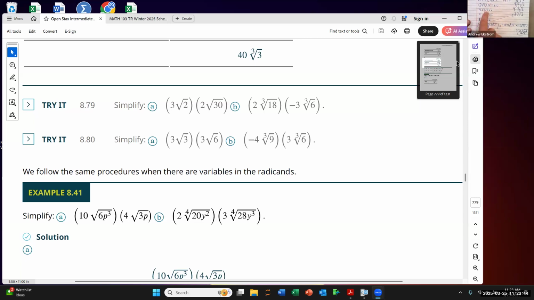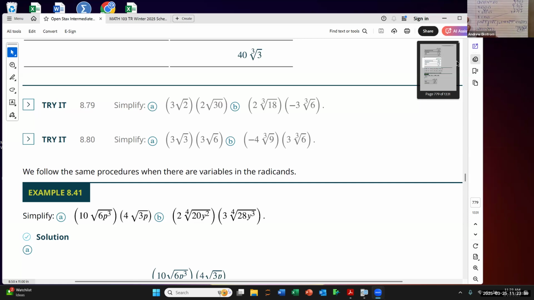Using the other method like we did up here, I can rewrite this as -4 times the cubed root of 3 times 3 times the cubed root of 3 times 2.